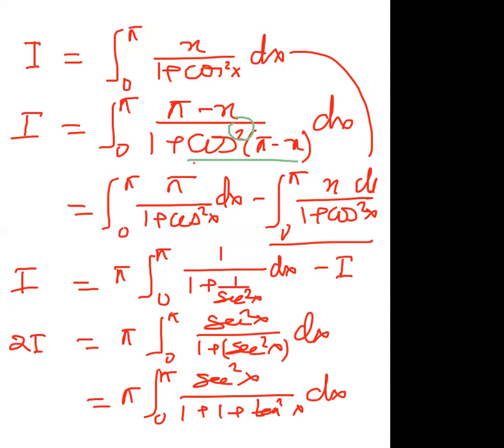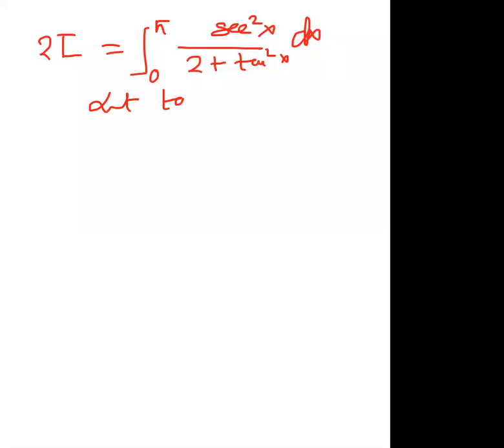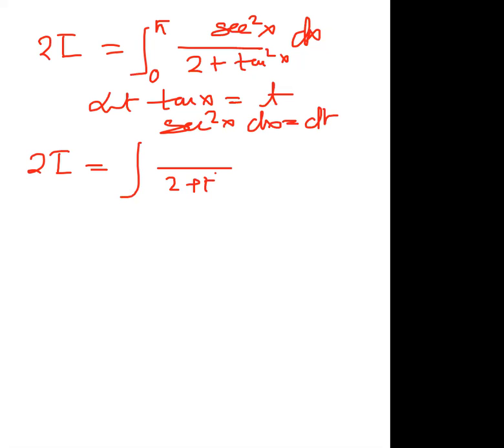So now we are supposing tan x as t. Sec square x dx equals dt. 2I is equals to the integral of dt upon 2 plus t square.